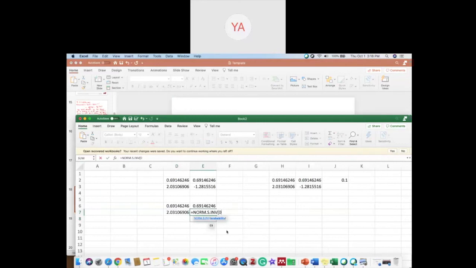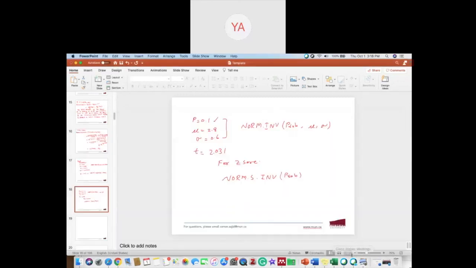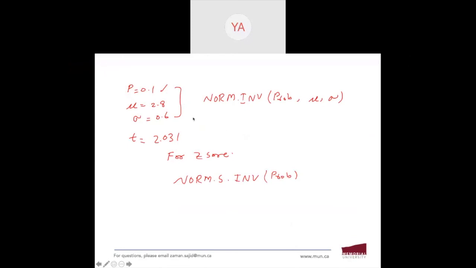In the question we have the probability value of 0.1, and it gives me the value of the z-score, which is minus 1.281. So the z-score here will be minus 1.281. So these are a couple of the ways that you can work in Excel.